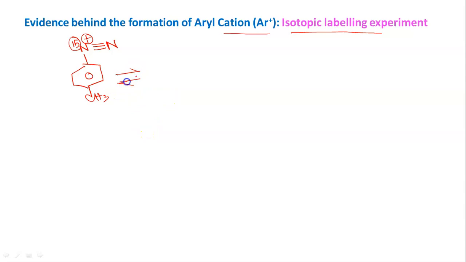Now suppose you are doing a hydrolysis reaction with it. Product obviously we will get, but in the medium, if this aryl cation is formed, then this should be the structure, and this is the nitrogen molecule.